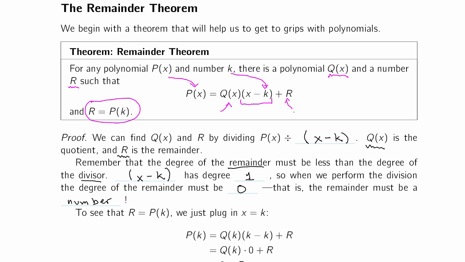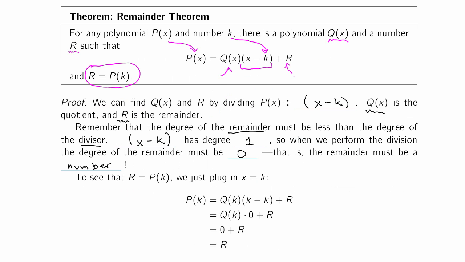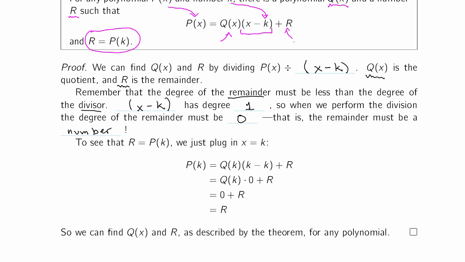Now, to see that that number is what we get when we plug k into p: if we plug k into p, we're going to plug k into q, into x minus k, and r is just a number, so it just sits there. But then k minus k is 0.